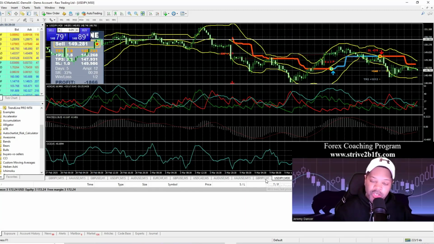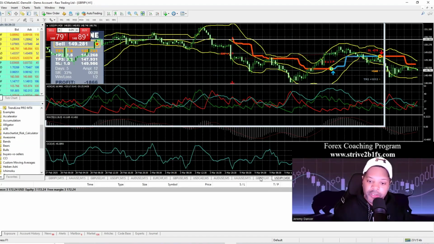Now, of course, you can adjust the settings and things like that to see if you can improve it. But since I have other strategies and I'm not relying on only one strategy, I have different ways of looking at the same currency pairs and finding a setup that I feel comfortable with.